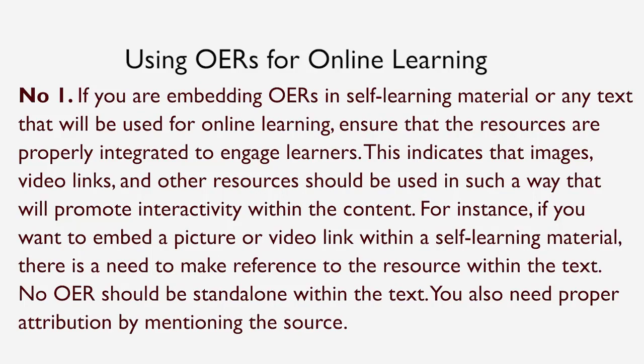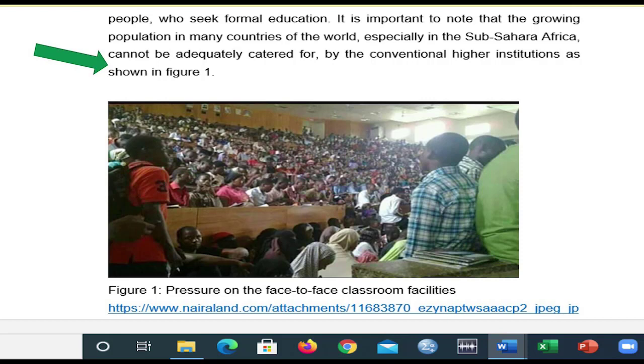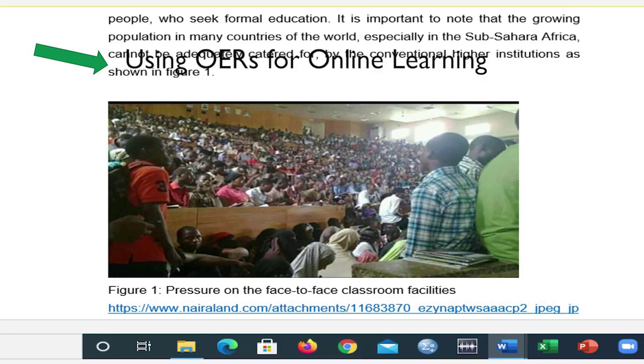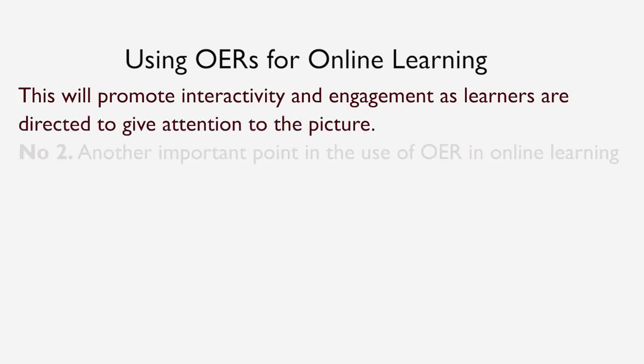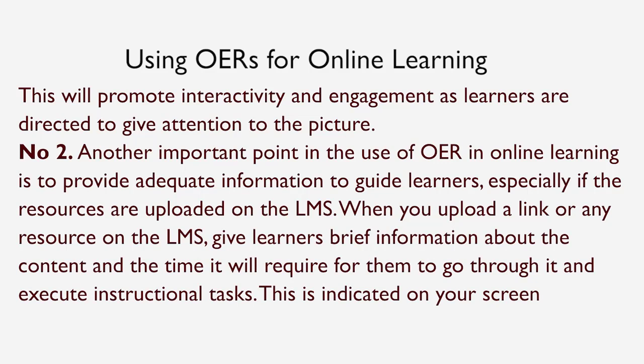You also need proper attribution by mentioning the source. Look at the example on your screen. This will promote interactivity and engagement as learners are directed to give attention to the picture.